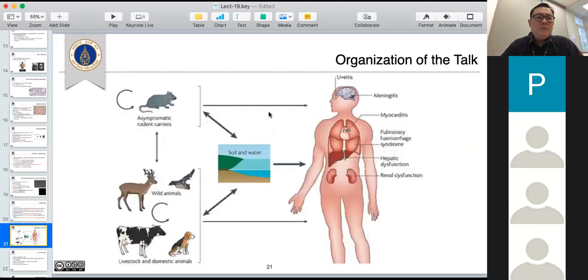Okay, transmission. Actually, rats can be asymptomatic rodent carriers. So rats have no symptoms even when they get infected. They shed bacteria out in urine. Bacteria can infect another rat in the population of rats.